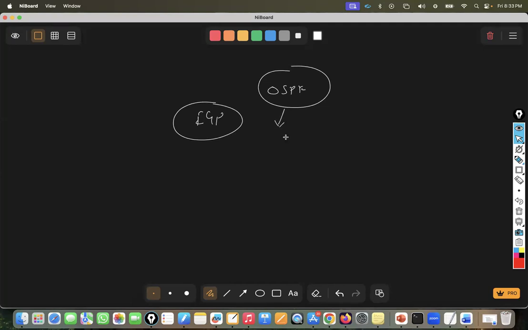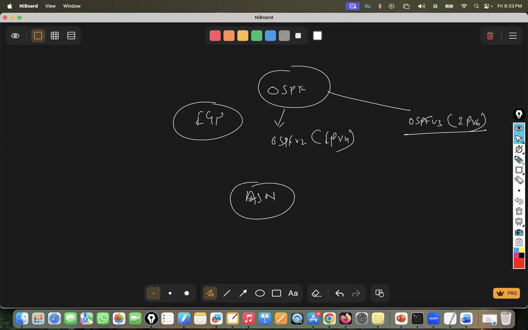OSPF comes in two flavors. Normal OSPF, OSPFv2, is for IPv4, which is what we are going to learn. But we have another one, OSPFv3, which is for IPv6, and we are going to do that later on. So how does this operate? OSPF never uses an AS number, so there is no AS number concept.